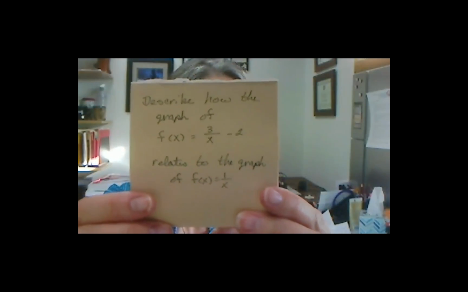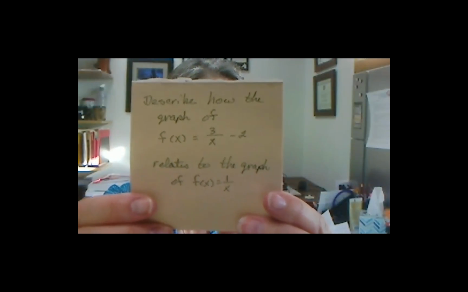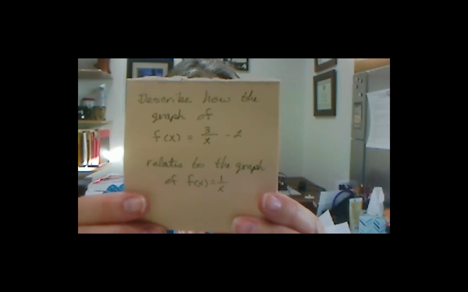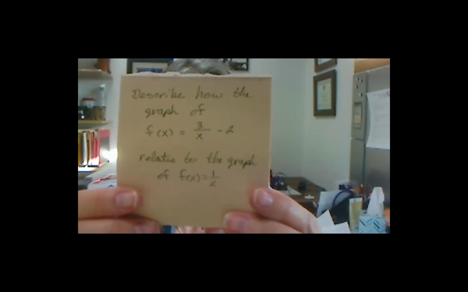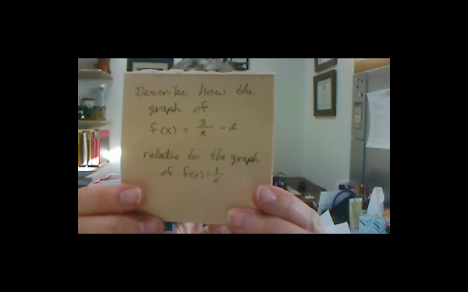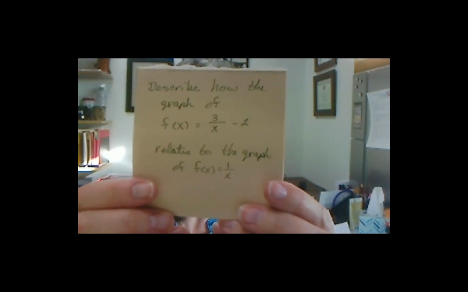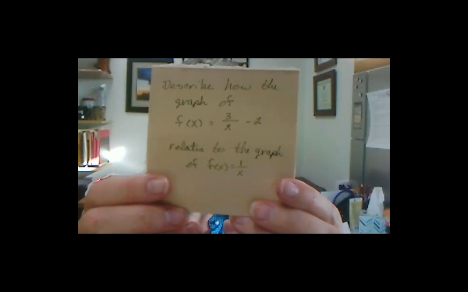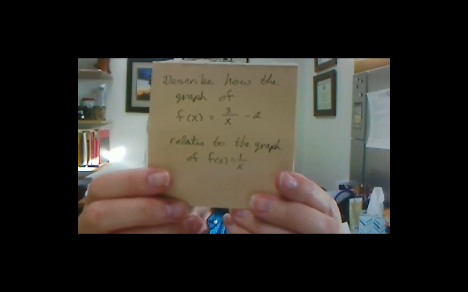Okay, what that says is describe how the graph of f of x equals 3 over x minus 2 relates to the graph of f of x equals 1 over x. So this is your quiz. It is quiz 3. What I'm looking for is shift.